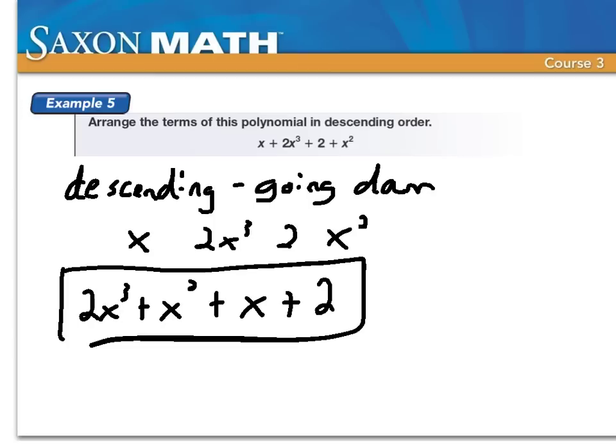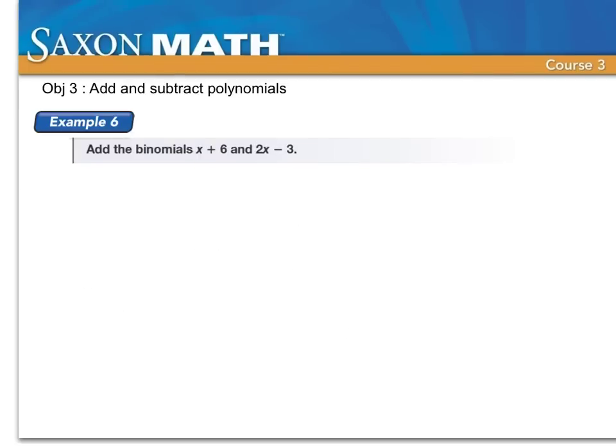And we'll look at the last example that we have with polynomials. Objective 3 says to add and subtract polynomials. So this says add the binomials x plus 6 and 2x minus 3. So I'm going to take x plus 6, and it says to add, so I'm going to put a plus sign, and I'm adding 2x minus 3.